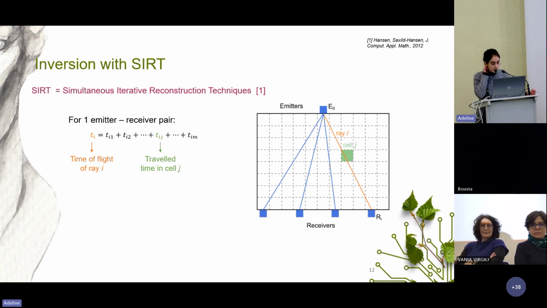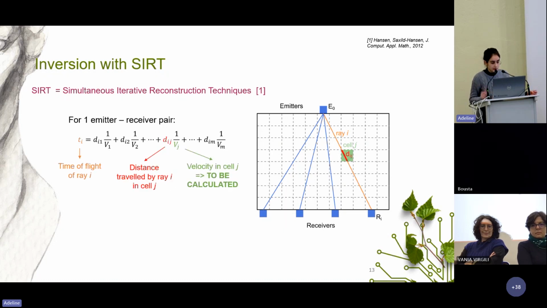We can transform this equation to make distance and velocity appear: the distance traveled by the ray in each cell of the object, and the velocity in the cell. The distance can be calculated quite directly, so then only the velocities at each position are missing.